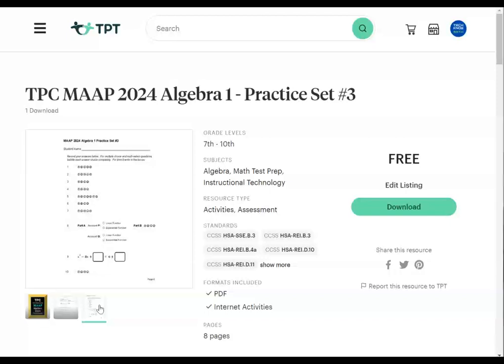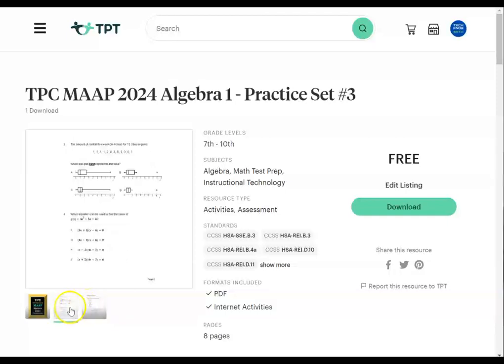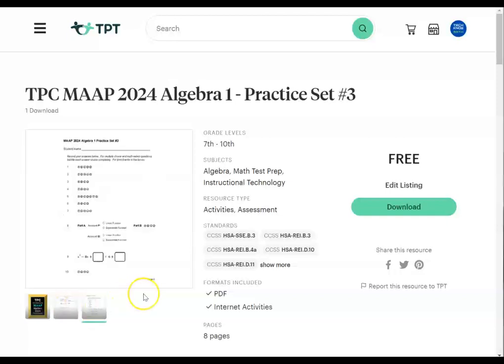Or you could enter this in Edulastic, which is now called Pair Assessments, or some other version of a digital test. You may note here that there is a box plot question on here, a box plot question we just did today. So you'll be able to practice that skill with your kids and show them how to get those statistics that they need to answer that question.